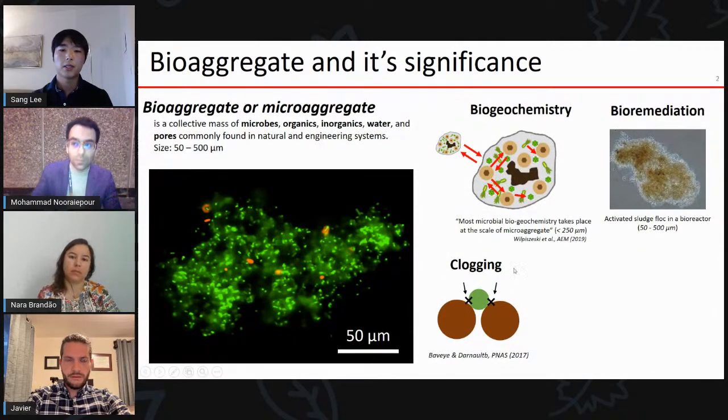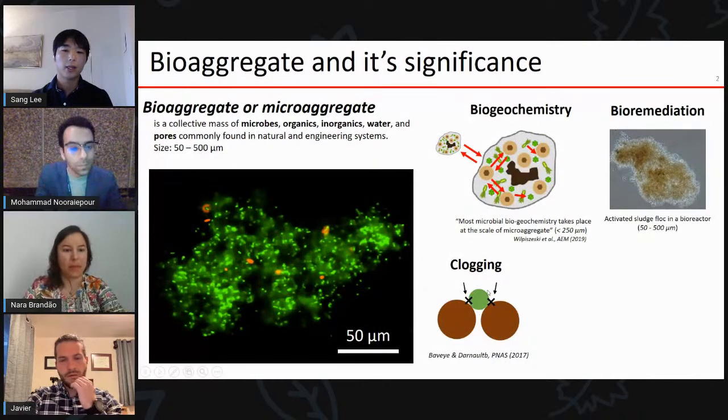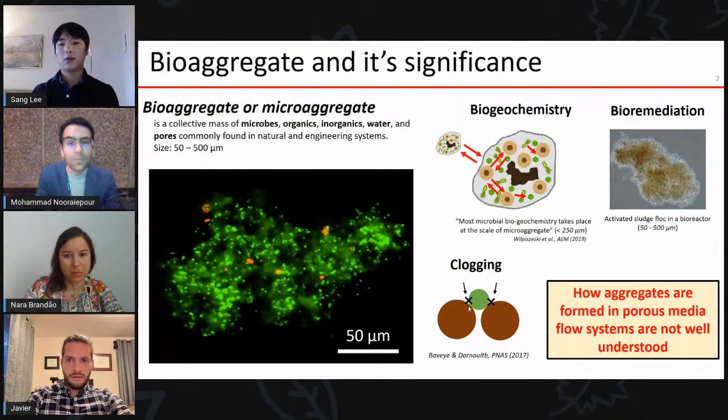But interestingly, it has been reported that the clogging in porous media is mainly caused by these aggregates blocking the pore neck or pore throat regions of the porous media, not by the uniform growth of biofilm on the surface. However, up to date, we only have a limited understanding of how these aggregates are formed in porous media flow systems.